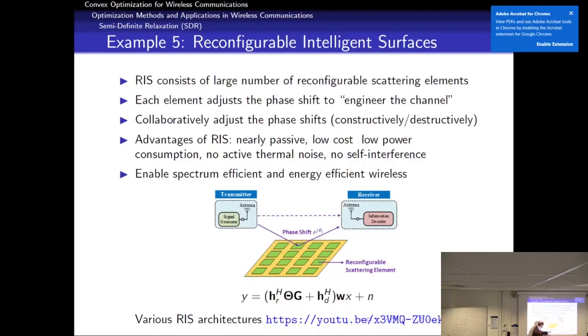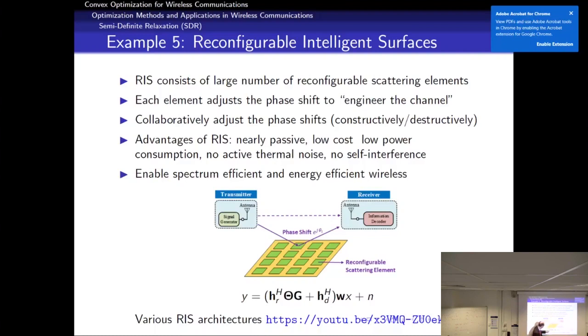So this is a simplification of the system model, but what you have here, you have 3 parts. You have G, which is the matrix between the transmitter here and this reflector. You have theta, that is a diagonal matrix typically, that will characterize those phase shifts that you have at each of those elements.